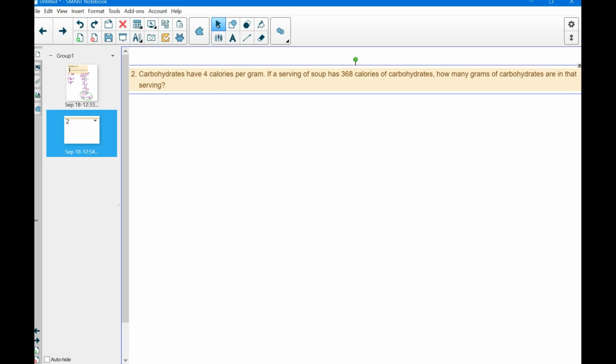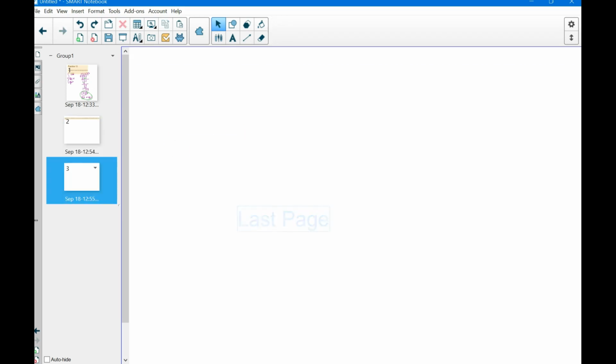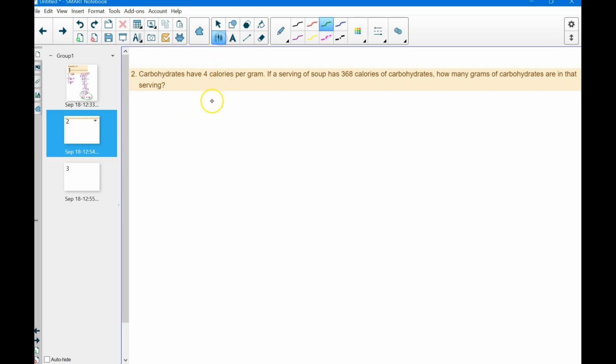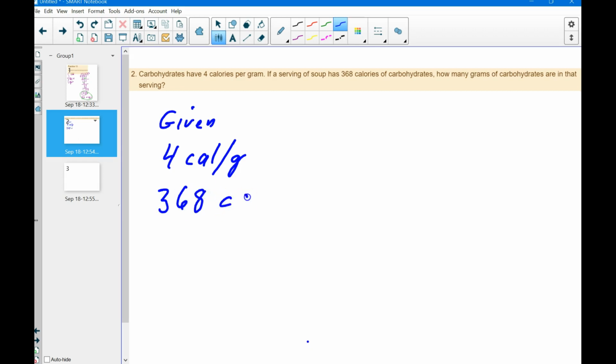All right. So when I'm doing a word problem, first thing I always do as I'm getting started is I always write down what I'm given. So I'm given 4 calories per gram, and I have 368 calories.